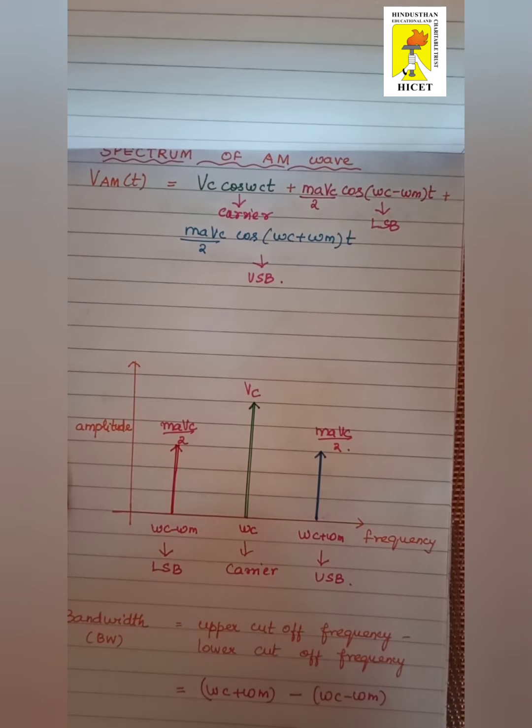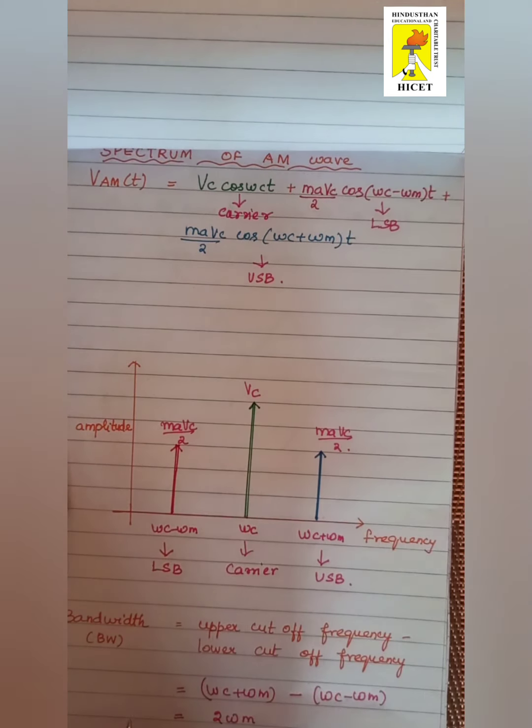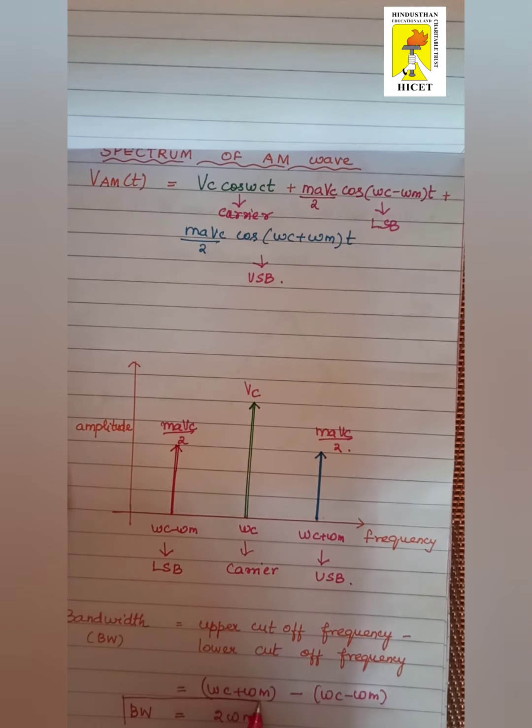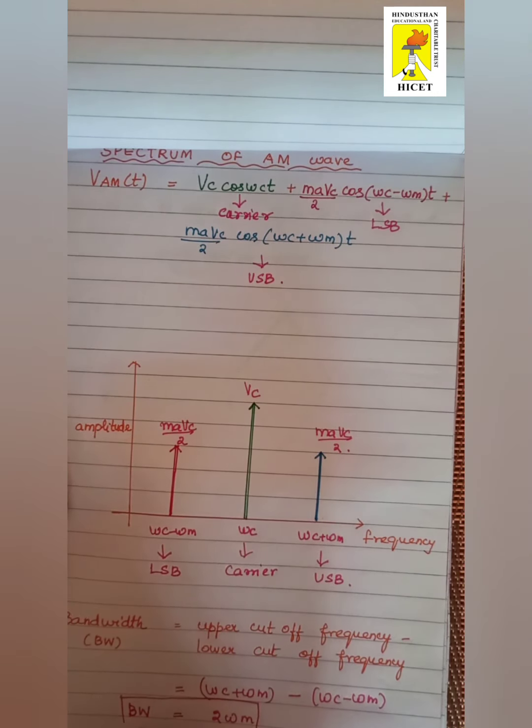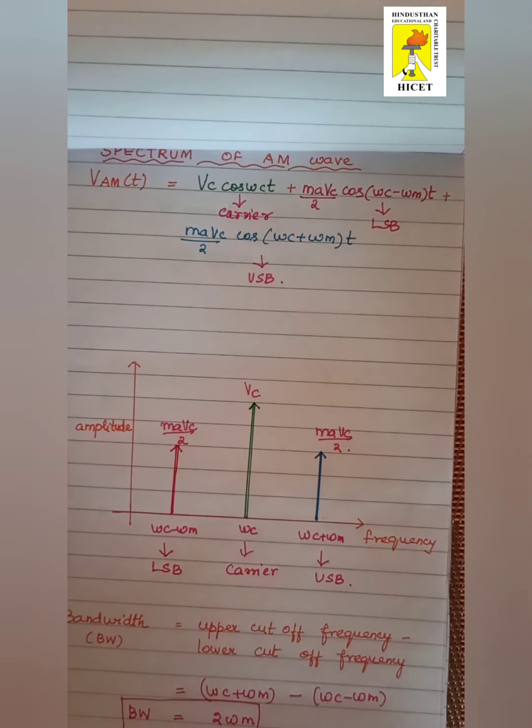We take the difference of the upper sideband and lower sideband, where omega c gets cancelled, and omega m minus minus omega m gives 2 omega m. So the bandwidth of the amplitude modulated wave is 2 into omega m, which is twice the bandwidth of the message signal.